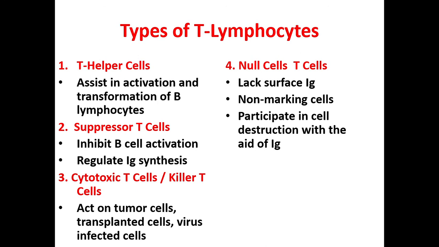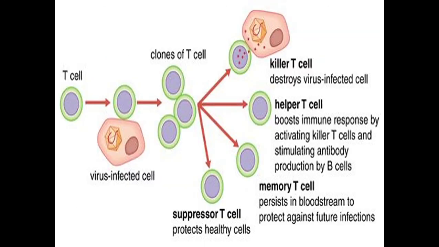Then for number 4, we have the null cells or the null T cells. They lack surface immunoglobulin and they are also the non-marking cells. They participate in cell destruction with the aid of immunoglobulin. We have here in this illustration a cell that stimulates production of T cells or clones of T cells.